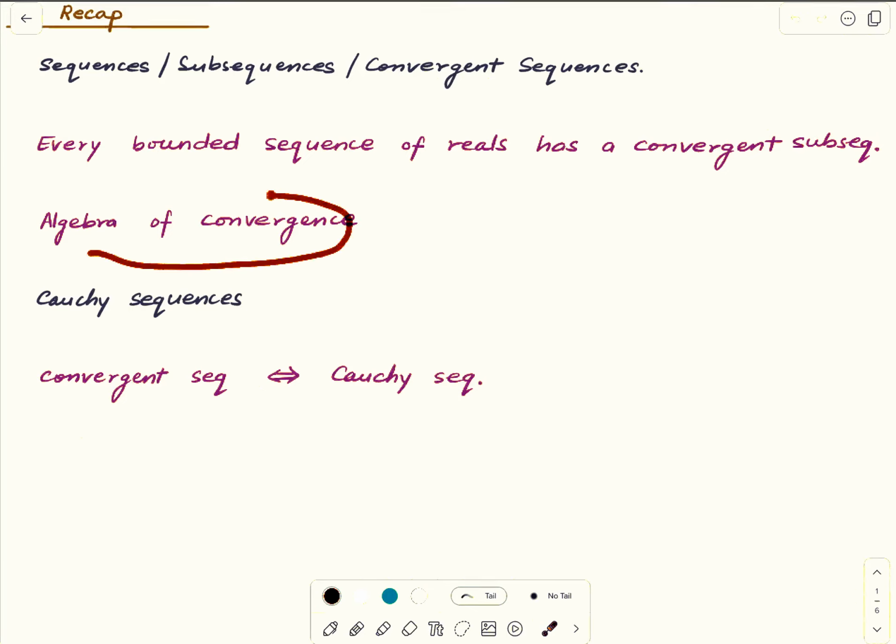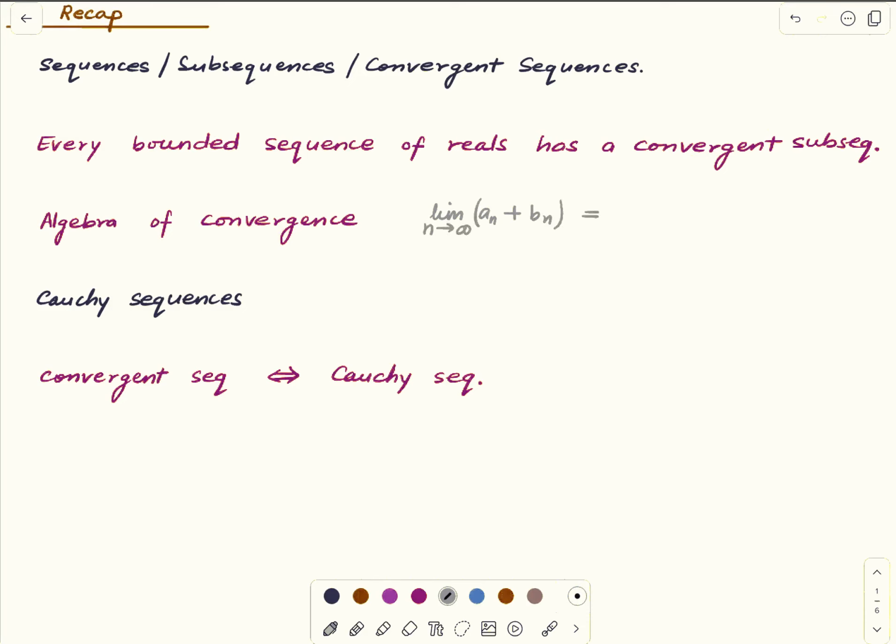We will need to know about the algebra of convergence, which means the following: the limit of the sum of two sequences is the sum of the limits, provided a_n and b_n are both convergent sequences, and such like. So the limit of a product is the product of limits, again assuming the two sequences in question are convergent, and so on. Okay, we of course need to know about Cauchy sequences.